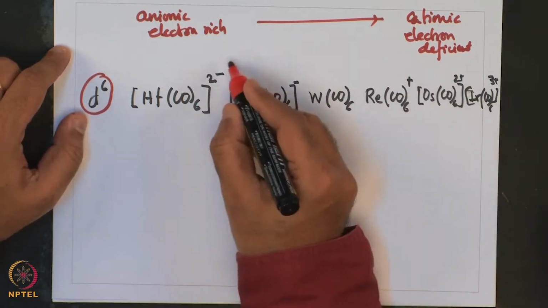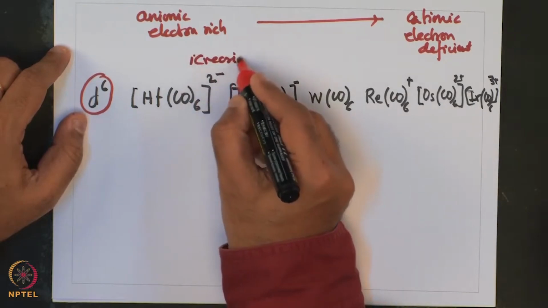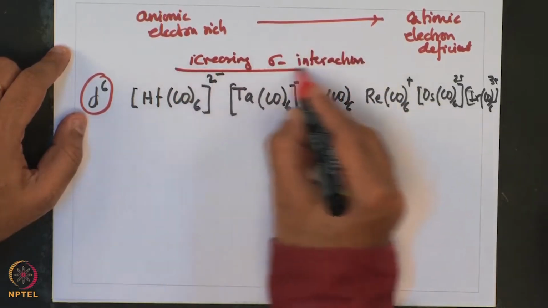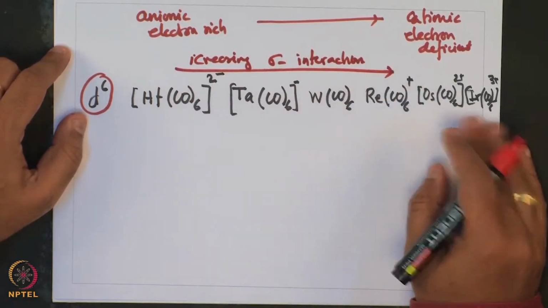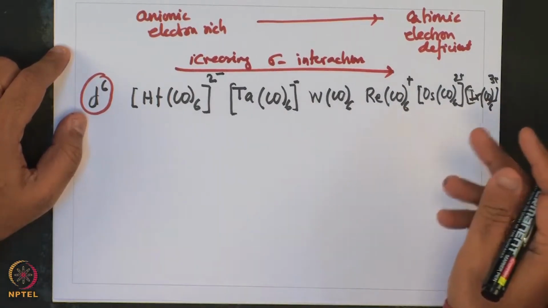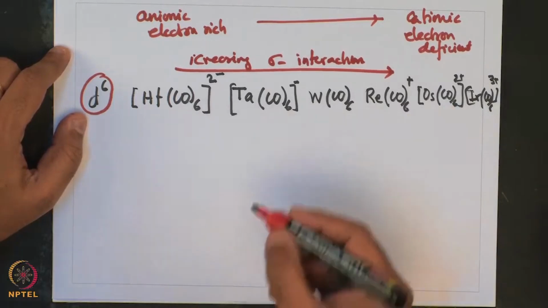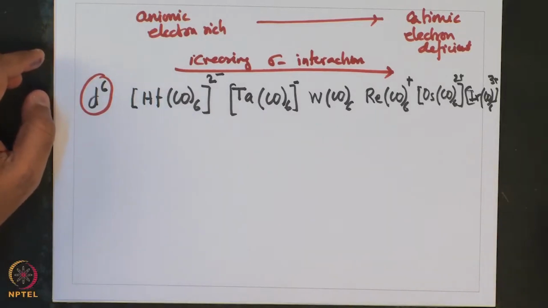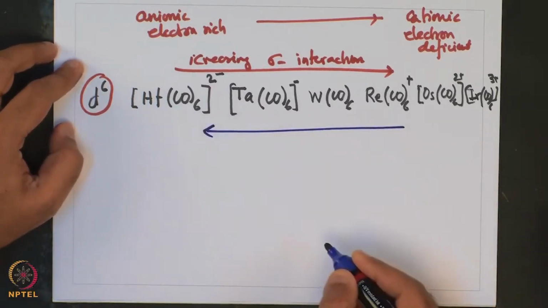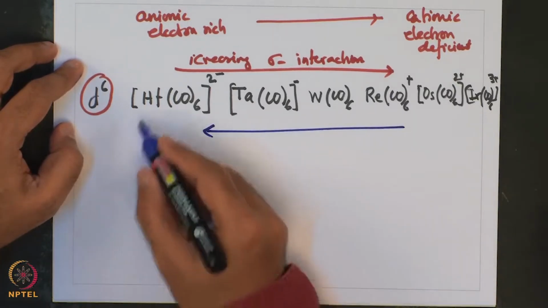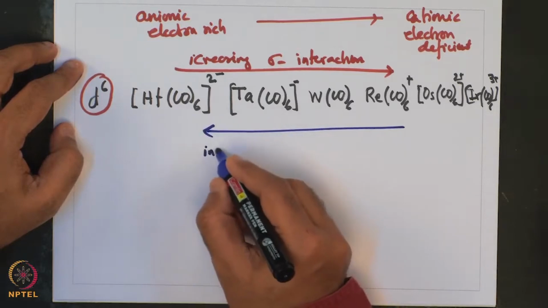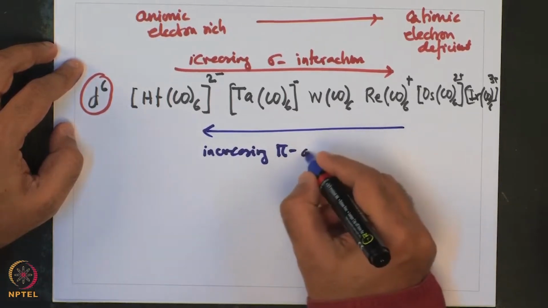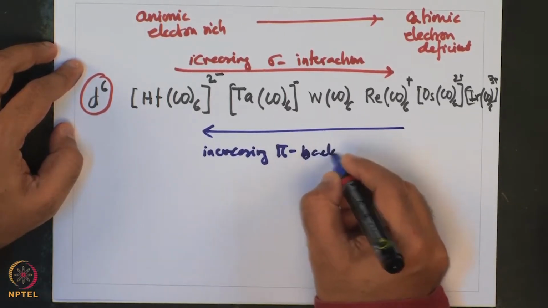So, for this kind of complexes, the more on the right hand side, the less is the back donation and the more is the sigma interaction, and going from the right to the left, the left one being more electron rich, it undergoes increasing pi acceptor interaction or pi back bonding interaction.